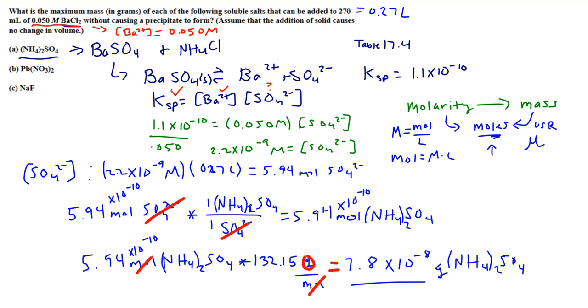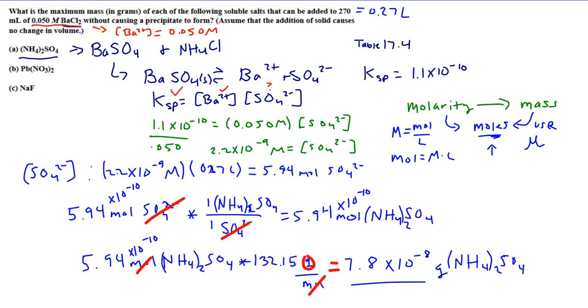So, to recap what we did, the question is, what mass can we add before we start causing a precipitate to form? So in our equilibrium, we first determined what product would be an insoluble precipitate by using switching partners, the double displacement, and we found that barium sulfate was. We wrote the equilibrium expression for barium sulfate.